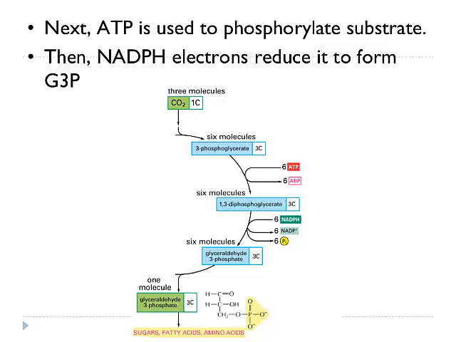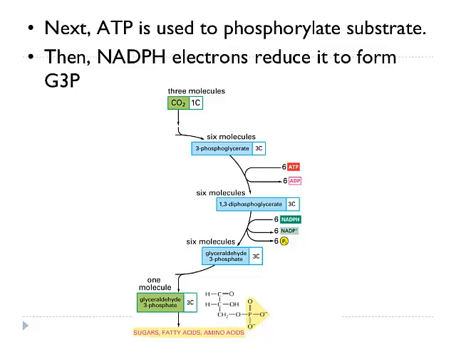Here, the input of ATP, so there is a requirement for energy in the next step, because you're getting the phosphorylation of these 6 molecules. So ATP is donating a phosphate to the phosphoglycerate, so that it has at either end, the 1 and the 3 position, a phosphate group.